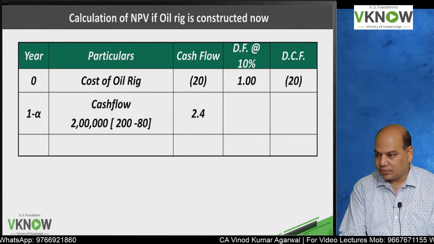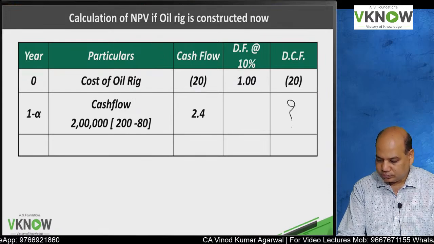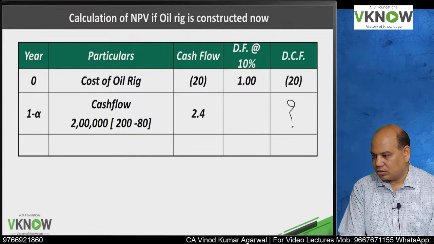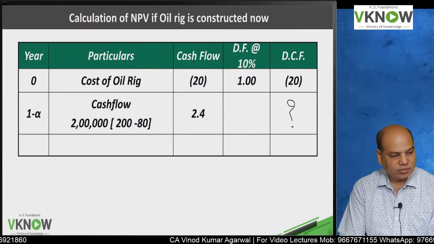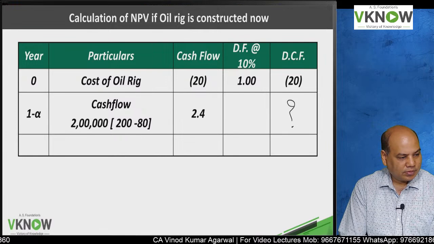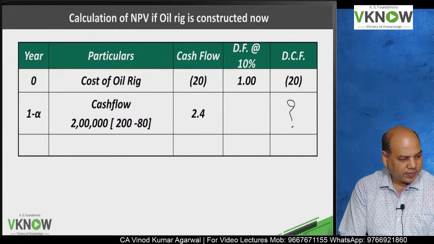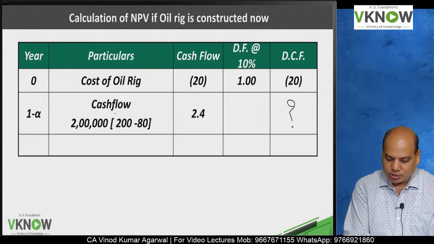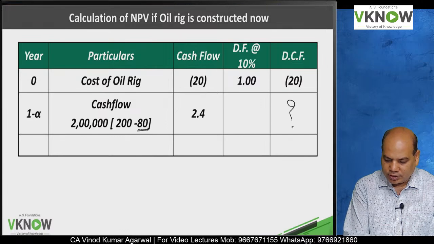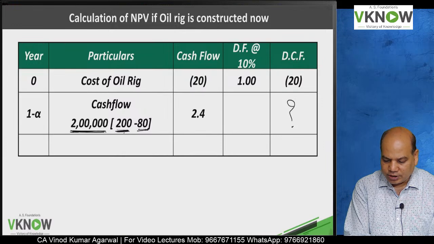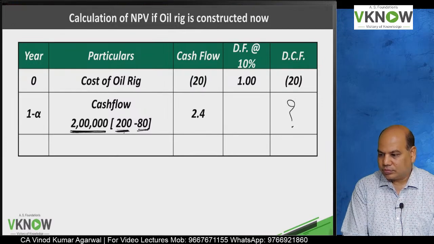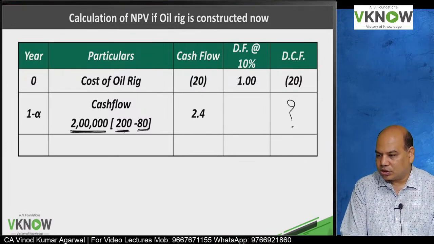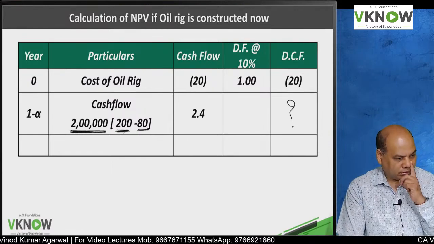My question is, what is the present value of this? Your cost of production is 80, selling price is 200, total quantity is 2 lakh. So my total cash flow would be 2.4.